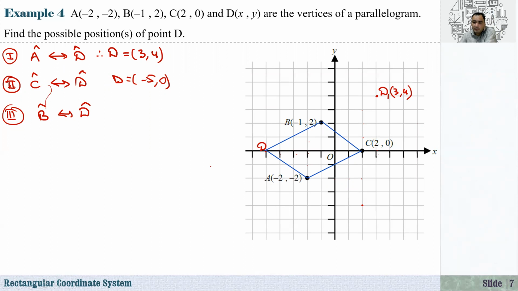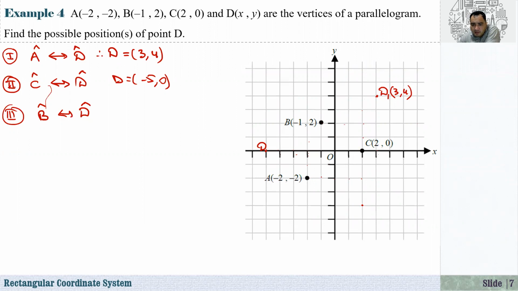Okay, and the third one, if it is so, angle B is somewhere here. So from B to C, because AD should be parallel to BC, we should walk 1, 2, 3 units to the right and 2 units down.